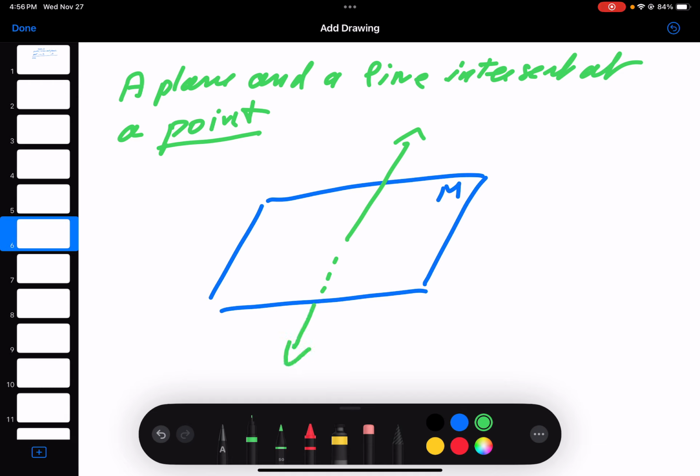And we'll put a point K and a point J, right? And the point J, that's where the intersection happens. So let's keep on going with this one.